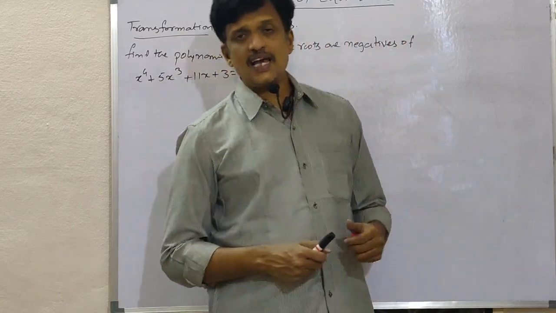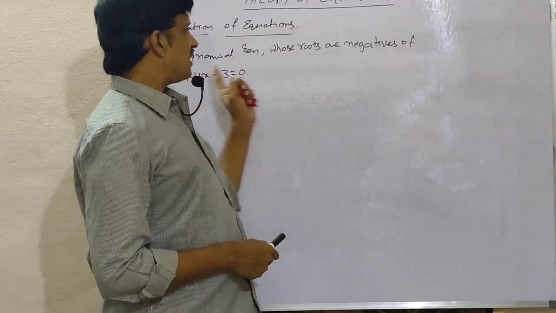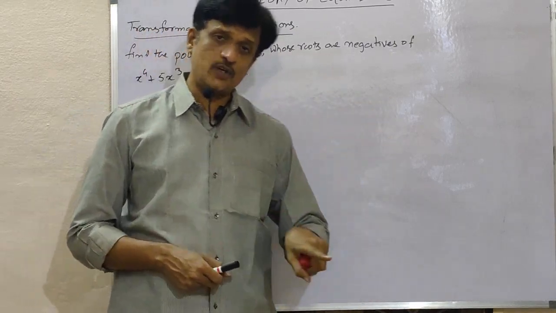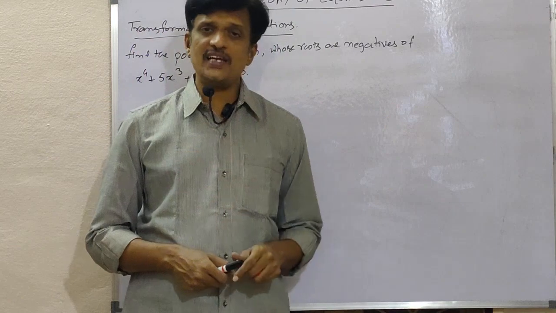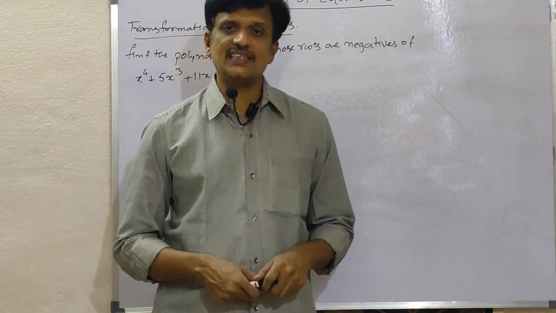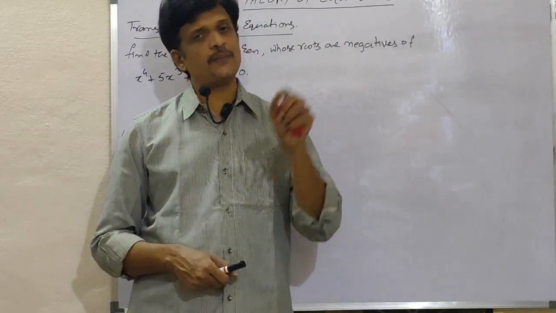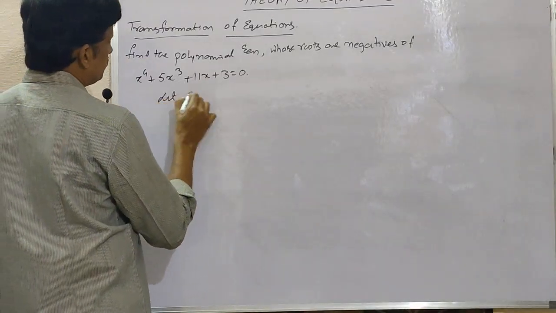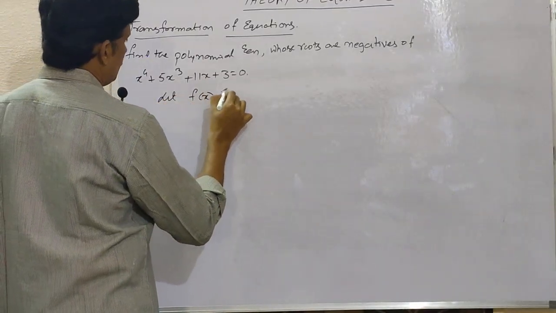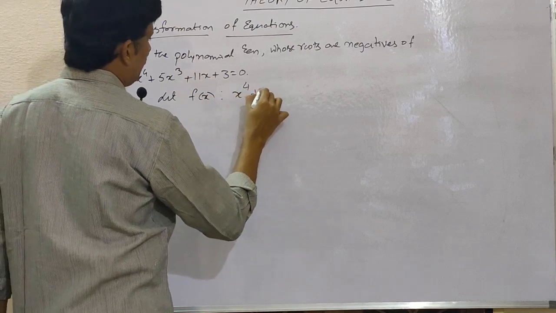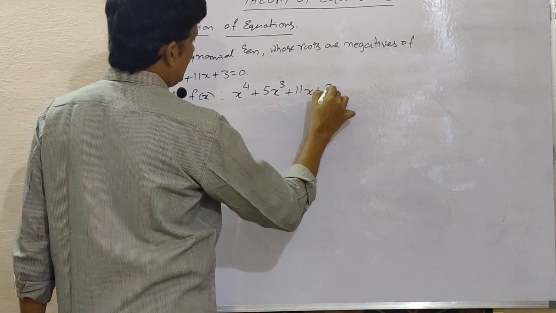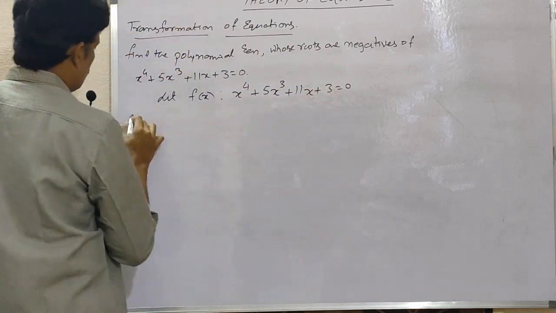So by the synopsis, let f of x be the given polynomial, then the equation whose roots are the negatives of the roots of the given one is f of minus x equal to 0. Simply replace x by minus x. So let f of x be the given, that is x power 4 plus 5x cube plus 11x plus 3 is equal to 0.